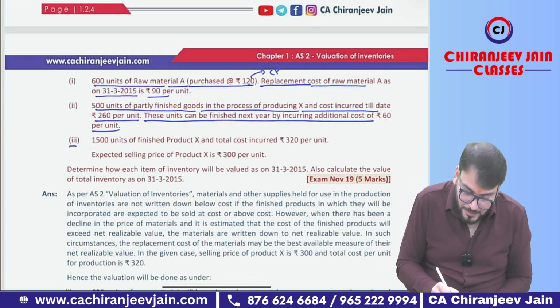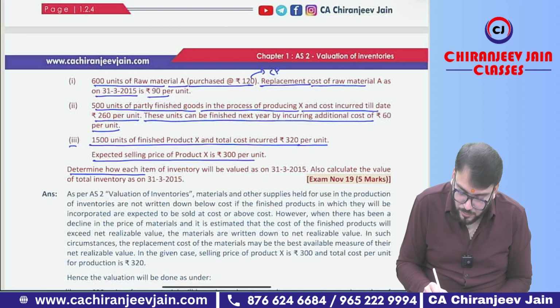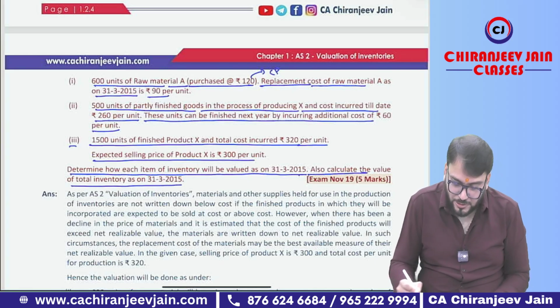Then 1500 units of finished good X at a total cost incurred of 320. Expected selling price of product X is 300. Determine how each item of inventory will be valued as on 31st March 2015. Also calculate the value of total inventory.